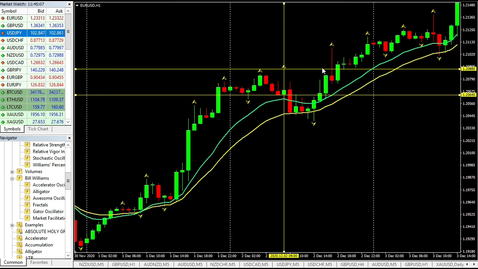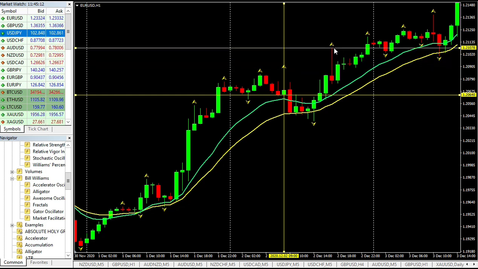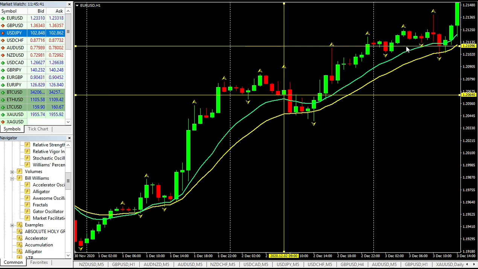And then you get the next up fractal here, and then you place your buy order here, pending buy. The high was 1.2108, so it's going to be 1.2109 here.